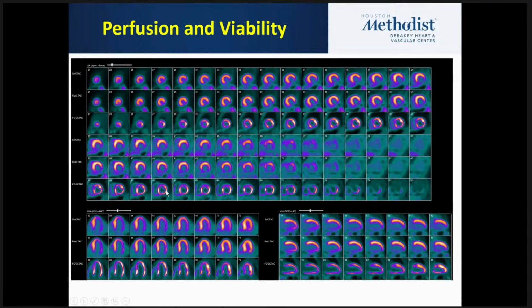And this is a viable segment despite the dense perfusion defect. And this is a patient who has hibernating myocardium in the inferior inferolateral wall and would benefit from revascularization. And we will discuss this later on in our viability lecture later in this series.